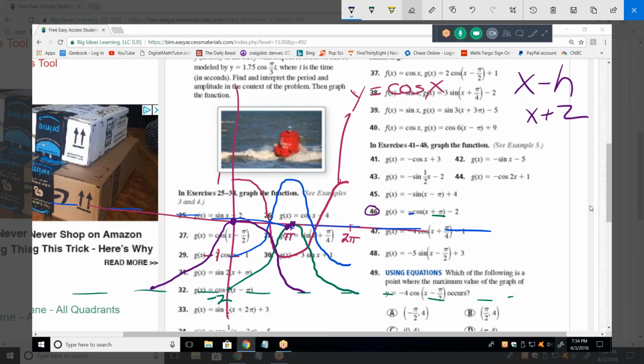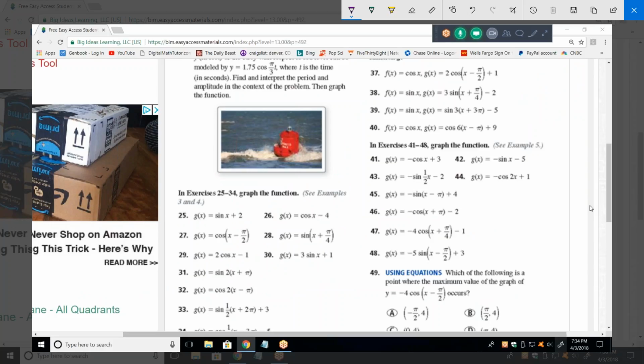All right, so what do we got? One more to do, 47? Let me take a look at it first so I'll know where to draw it. Let's see, we're going to go down 1 and we're going to amplitude it by 4. So I'll just make the numbers small.